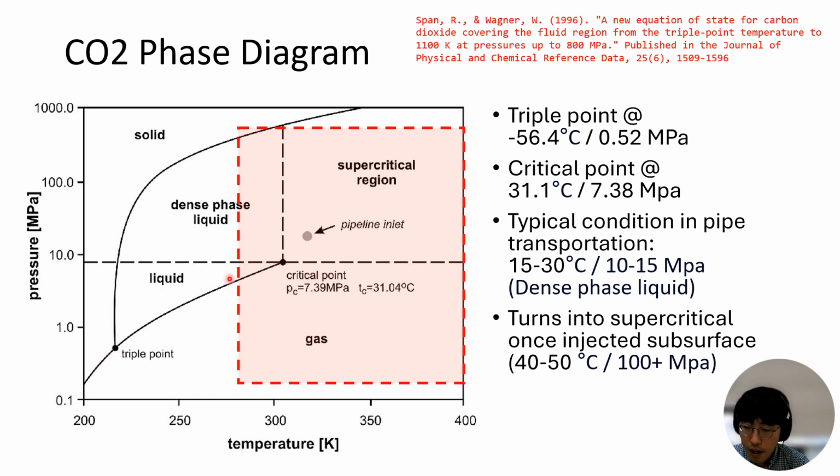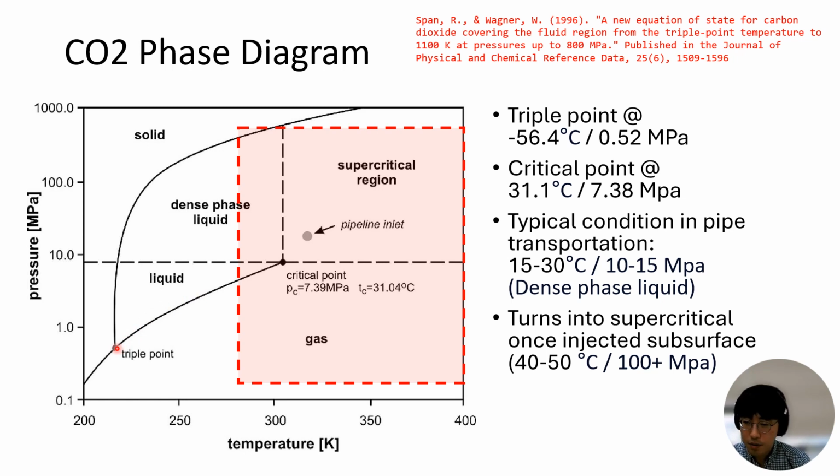These three different lines have different names. For example, the line that splits the boundary between the solid and gas is called the sublimation curve. And this line is named the melting curve. And this line, finally, is called the vaporization curve.